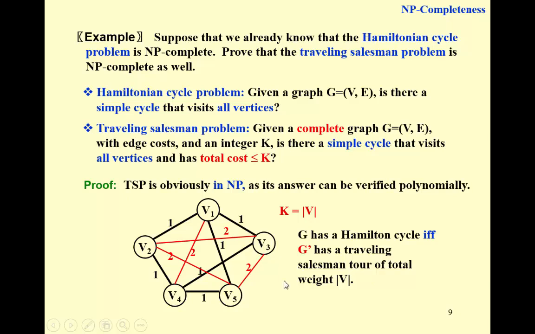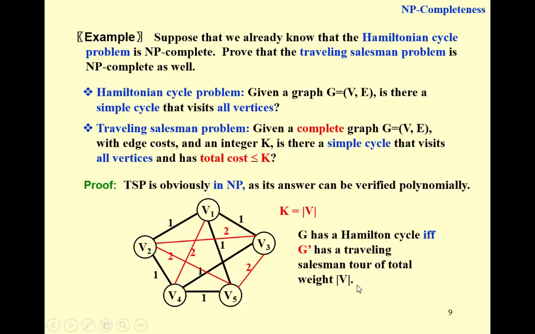Now let's prove the other way around. Suppose that this complete graph has a traveling salesman tour of total weight V. It means what? A traveling salesman tour is a simple cycle that visits all the vertices, and therefore it must contain V edges.